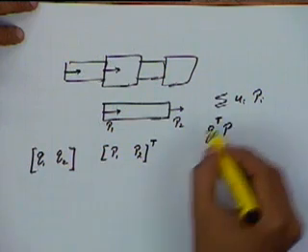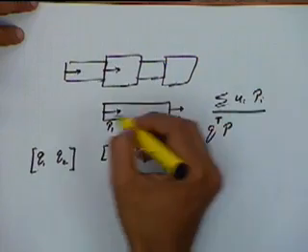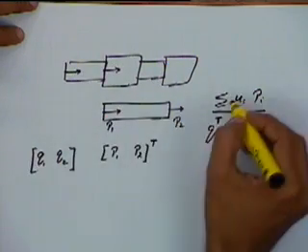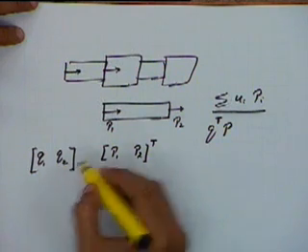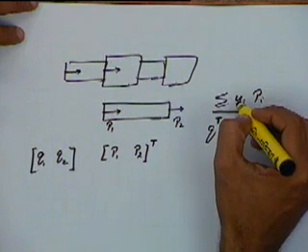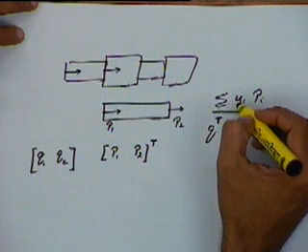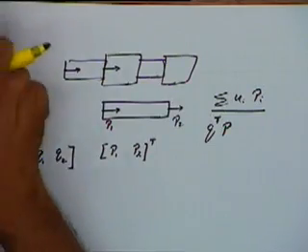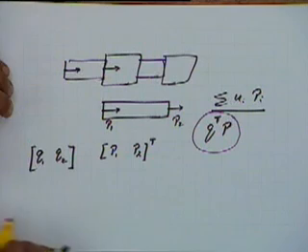Okay, the product of these two will give me this term, because u at this point is nothing but q1 and u at this point is nothing but q2. Okay, because this u is the deformation. So the potential energy contribution because of point loads in this element, I can write it like this.